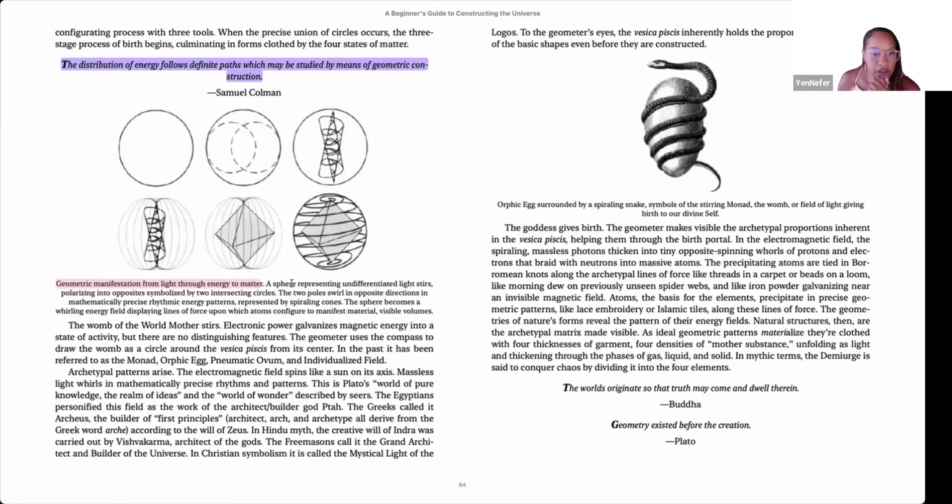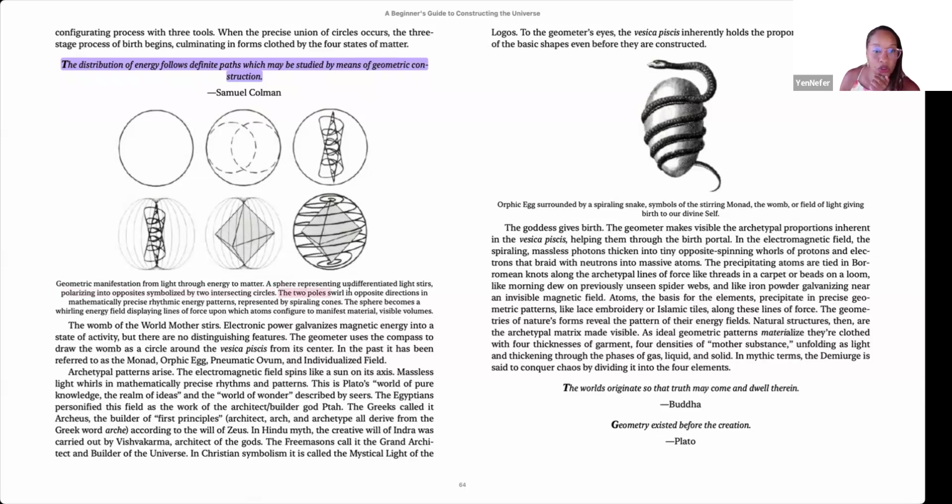Okay, so a sphere representing undifferentiated light stirs. That's our monad, which is wholeness, which is everything. It stirs, so let's just imagine it moves. It's moving, polarizing into opposites, symbolized by the two intersecting circles. With that stirring, we get the dyad, which is the two.